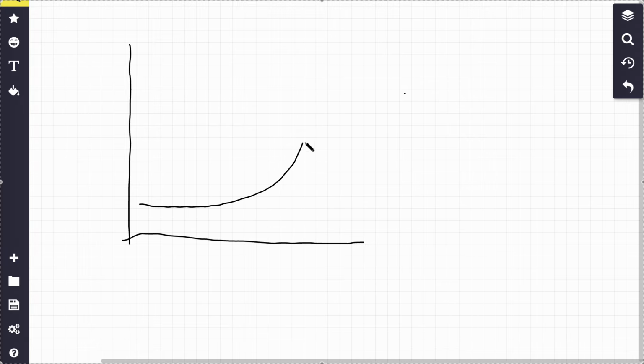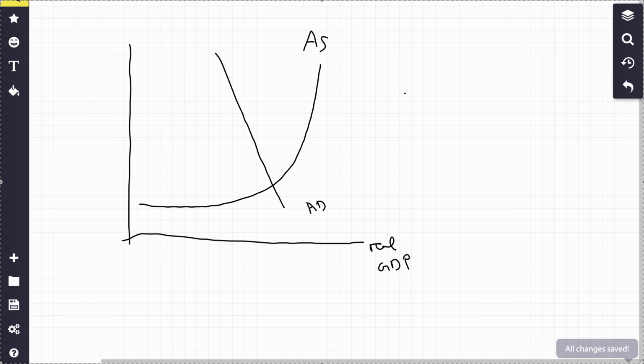We have aggregate supply, okay? Supply of all goods and services in the economy, and we have aggregate demand. And we have real GDP, which is output, okay? Total output produced by that economy, in this case it's the United States. We have price level.